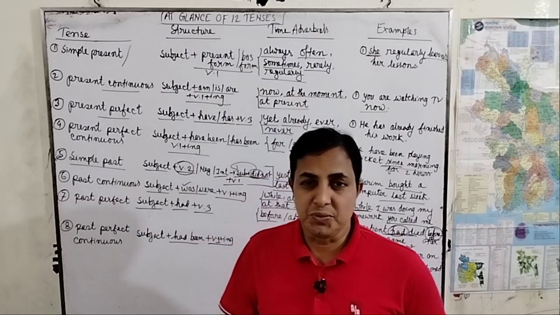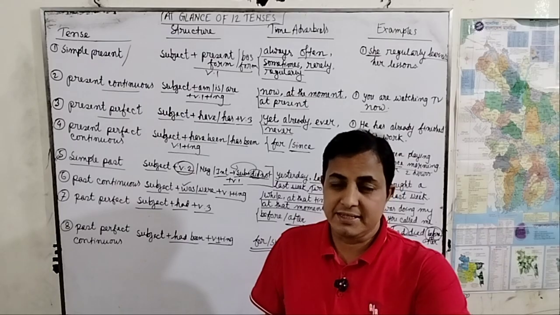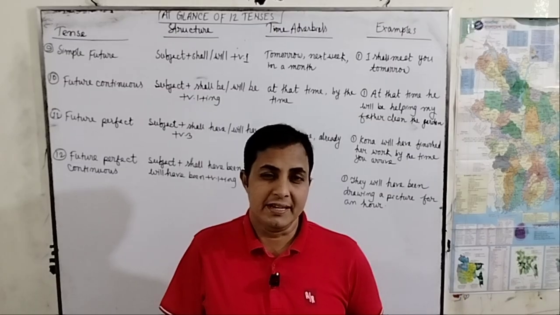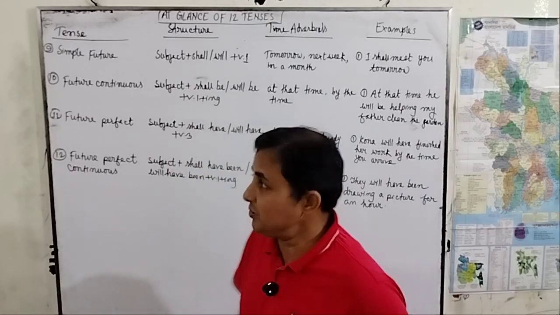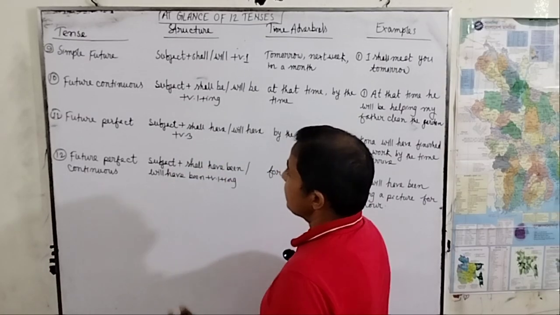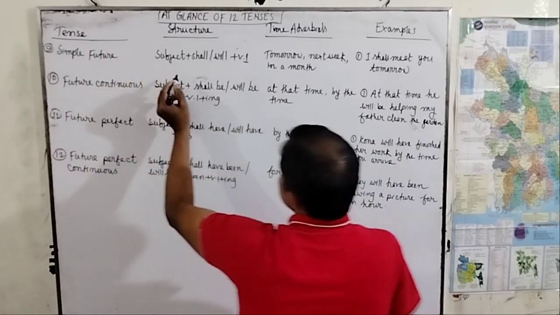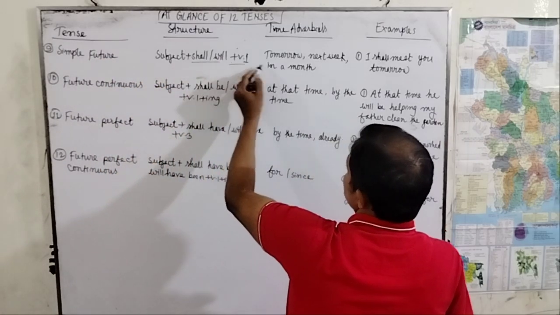Now I am going to show you future tense related to other tenses. Dear learners, now I am going to show you the future tense. Simple future or future indefinite: subject shall/will plus B1.